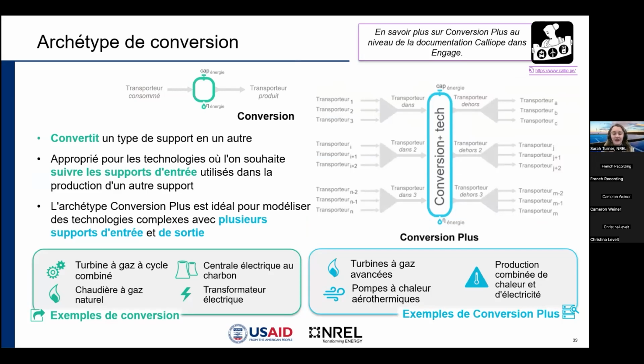Conversion Plus archetypes are useful for modeling more complicated energy systems, like combined heat and power, advanced gas turbines, and air source heat pumps. While Conversion Plus will not be directly covered in this training session, you can learn more about Conversion Plus under the Calliope documentation and Engage.